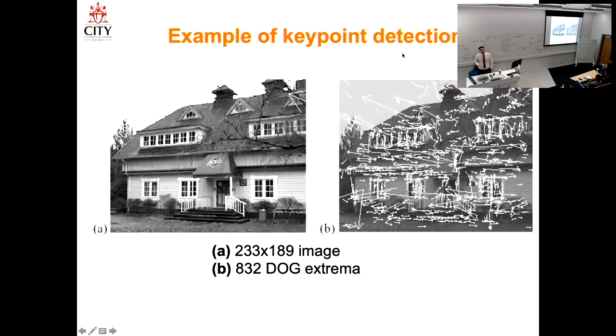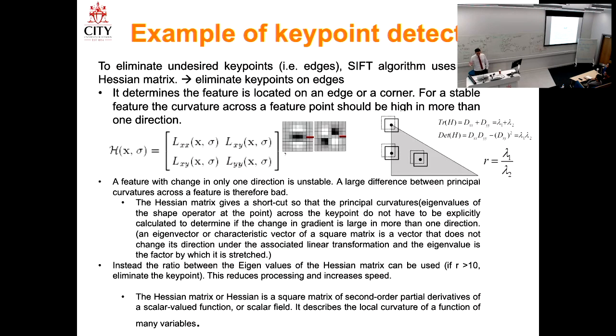The next step is to make sure that the point that I have found is not on an edge. So I need something like a corner detector. You remember we had Harris corner detection? So the idea is again very simple. We said this is a corner because if I have any movement, the values in that box will change significantly. But in this one, if I move along the edge orientation, they won't change and so on. So the Hessian matrix here is the second order derivative: xx, xy, xy, yy.